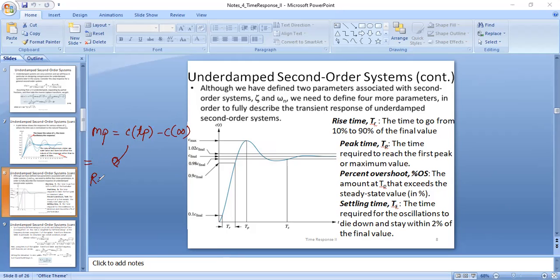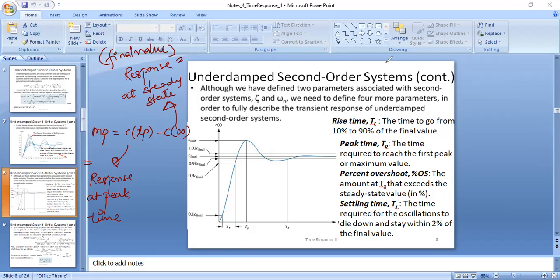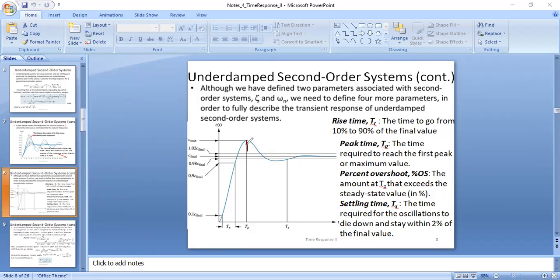This is the response at peak time, and this is your response at steady state, or you can say final value. So this is your Mp. Mp is the difference between your maximum value and your final value.